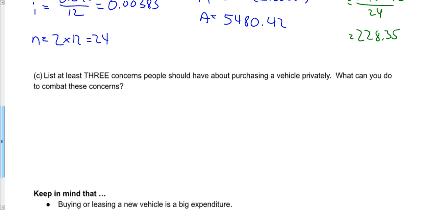Well, really, there's any number of concerns that you can have if you're buying a vehicle privately. You want to make sure that you trust the owner. You want to make sure that the vehicle is in good working order, that the proper maintenance cycle has been taken care of, that the vehicle has been driven reasonably well, that it hasn't been in accidents, that it hasn't been stolen.